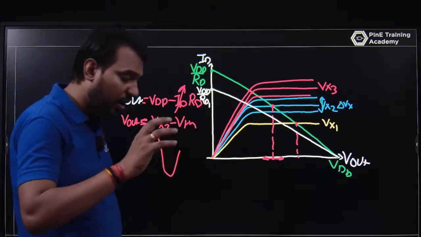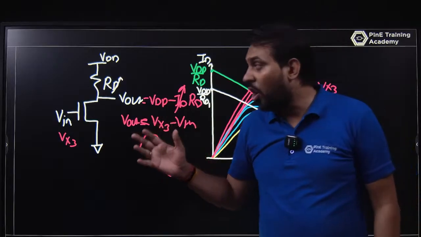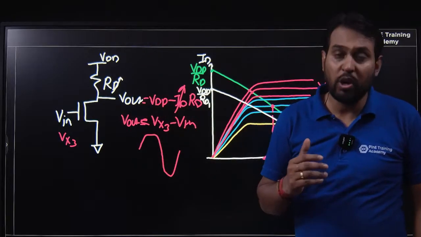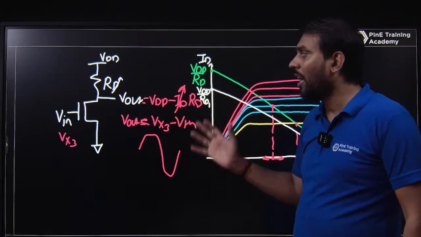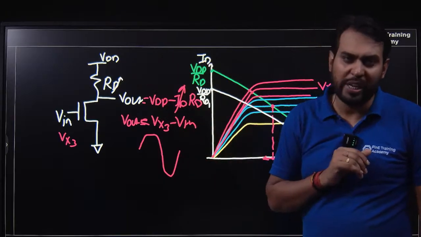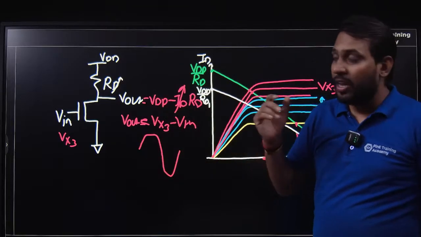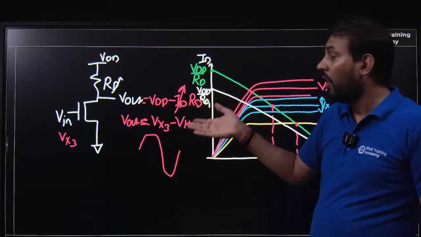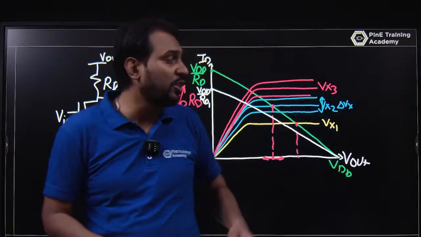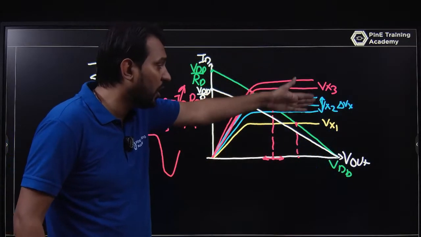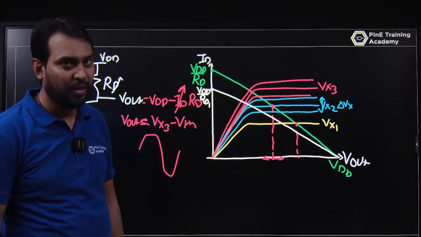If you are designing a common source amplifier, you cannot increase RD too much, because RD will increase your gain. We will discuss the small signal model and you will find that RD helps to increase your gain. But we cannot increase RD as much. For the original RD, Vx2 is perfectly in saturation region. For this gate voltage, if you change delta Vx, the MOSFET is maintained in saturation region.